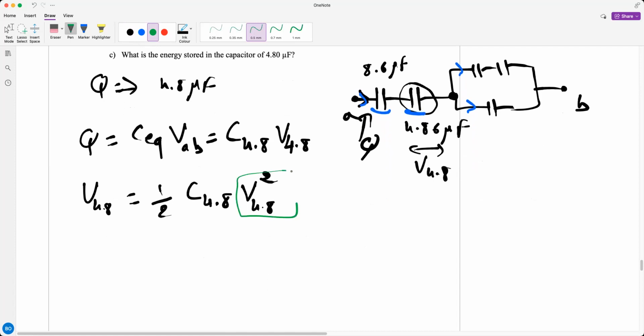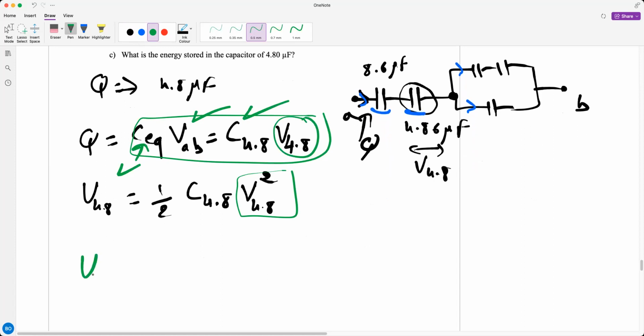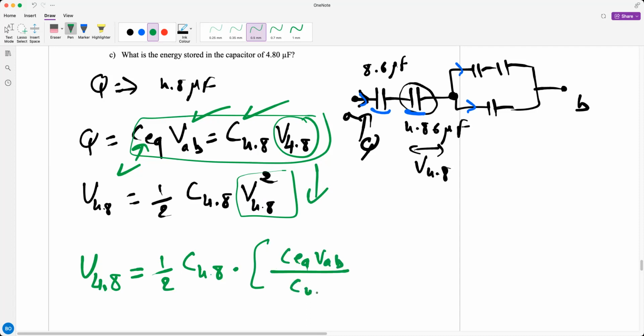I don't know this potential difference, but I have this formula, and this I already found. This is given, this is given. So I can easily isolate this. The energy stored in the capacitor C4.8 is equal to 1/2 times 4.8 times this potential difference, which I can get from this equation: C equivalent VAB over C4.8, and everything squared.